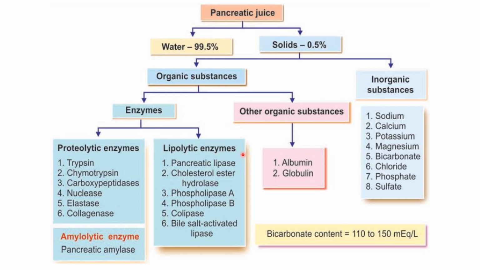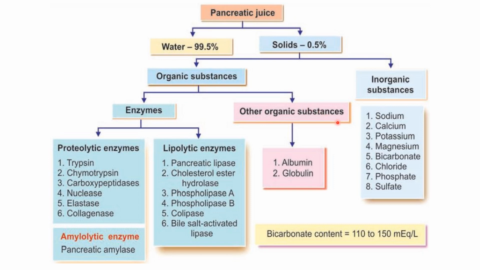Similarly, the lipolytic enzymes like pancreatic lipase, phospholipase A and B, etc. are activated and they help in the digestion of fats. The amylolytic enzymes like pancreatic amylase help in the digestion of carbohydrates. And the trypsin inhibitor, that is also produced by the pancreas, helps in protecting the pancreas from autodigestion or self-digestion.